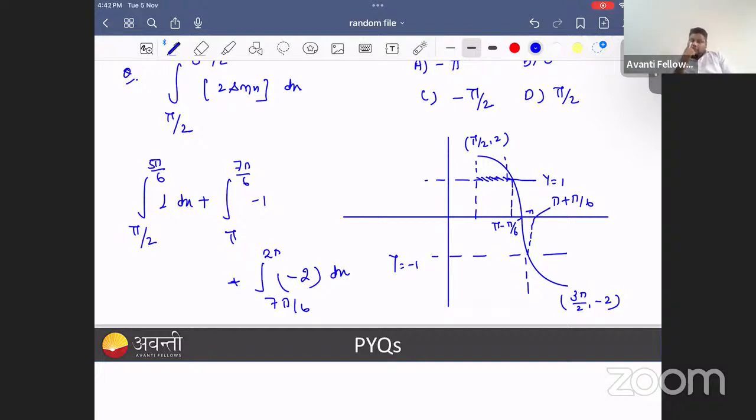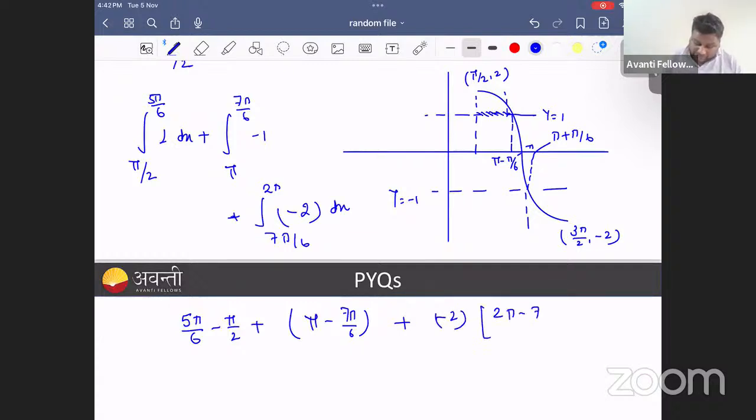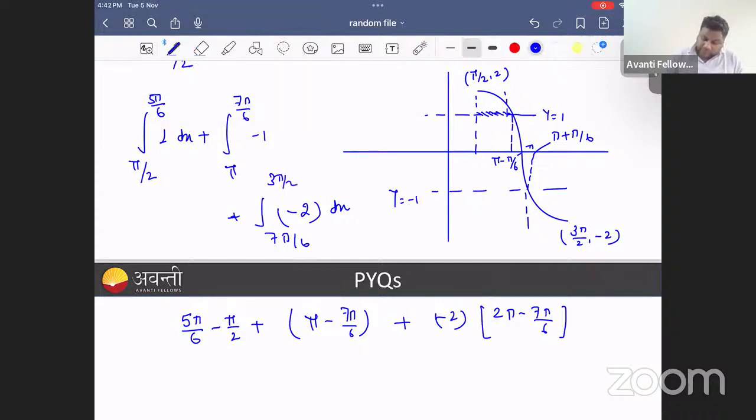Am I clear? Now, if you simplify it, you will get your answer. So, first part will be 5 pi by 6 minus pi by 2. Another one will be pi minus 7 pi by 6. And last part will be minus 2 times 2 pi minus 7 pi by 6. Okay, it is up to 3 pi by 2 only. Got it?